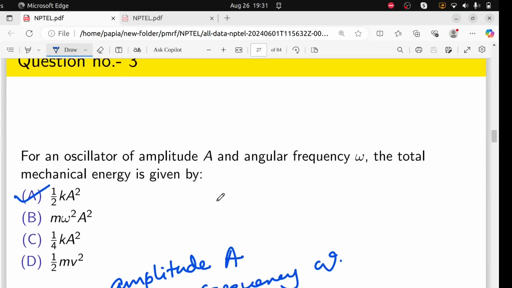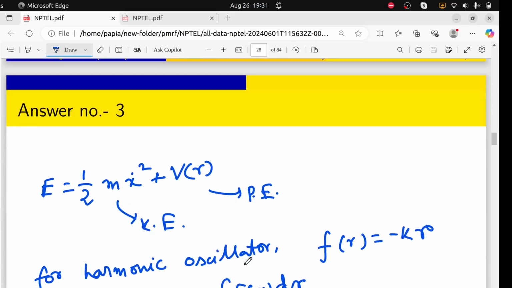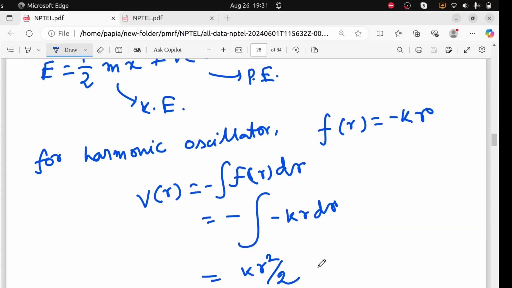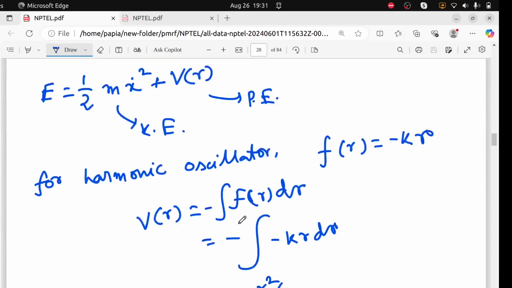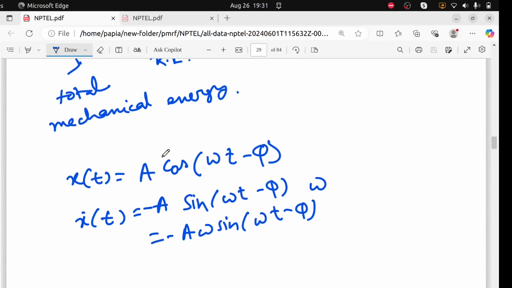Now this. This is coming as half kx square. How it is coming? Because we just need to write here half kr square. So x t is a cos omega t minus phi or plus phi, anything, it does not matter.